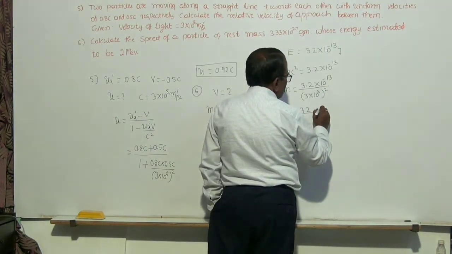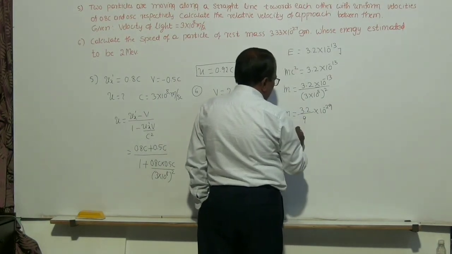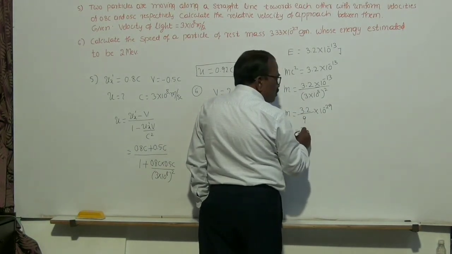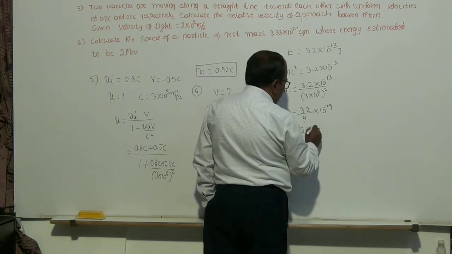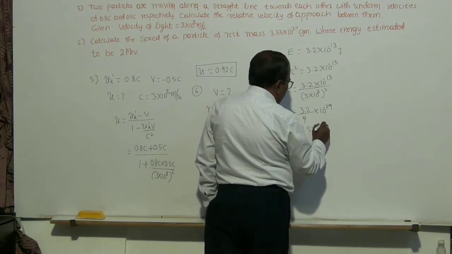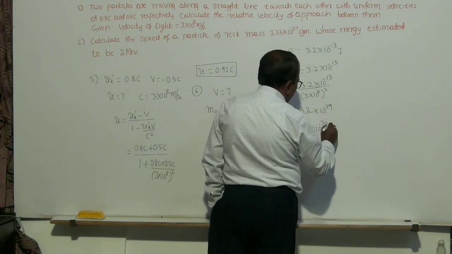It is 10 raised to minus 29. If you simplify this, you are going to get this as 3.5 into 10 raised to minus 30 kg.